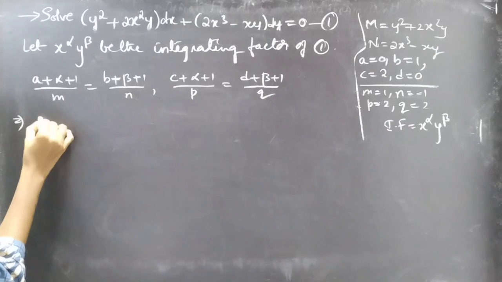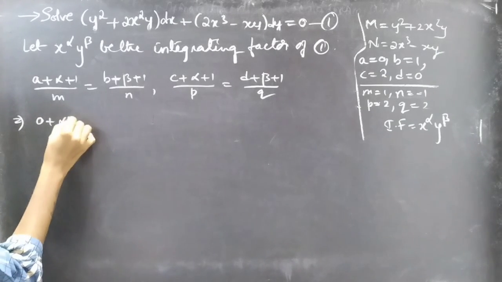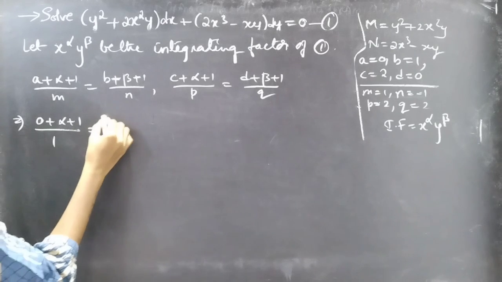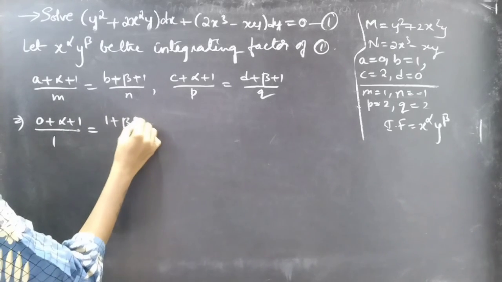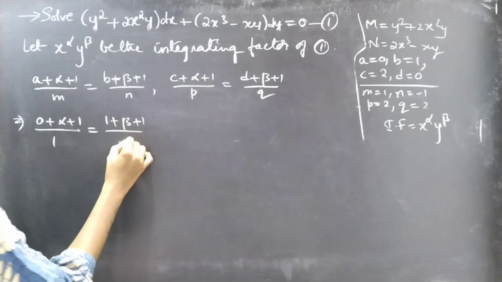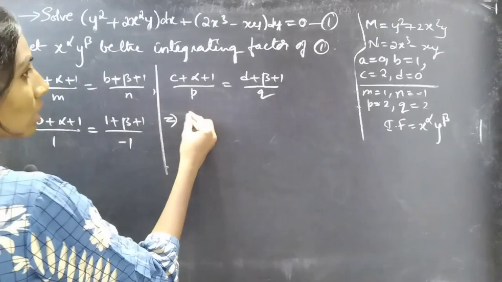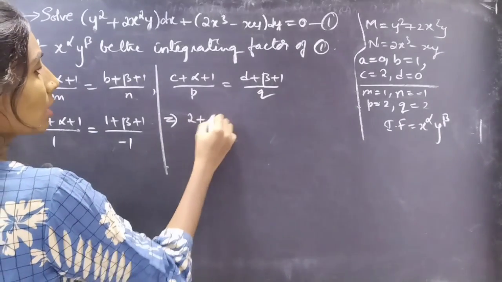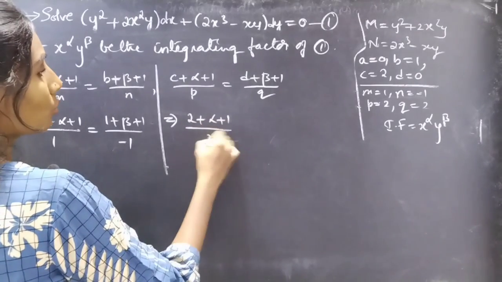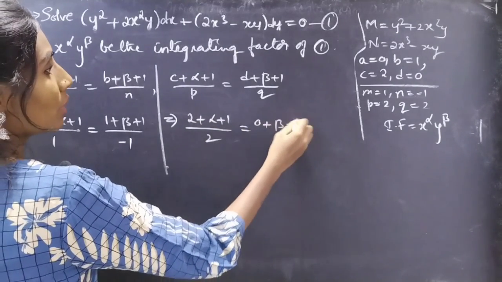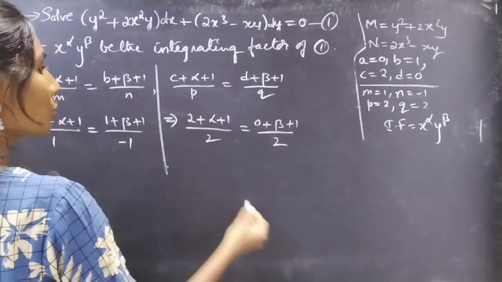We'll get a, 0, plus (alpha plus 1) by m, 1, equal to b, 1, plus (beta plus 1) by n, minus 1. And c, 2, plus (alpha plus 1) by p, 2, equal to d, 0, plus (beta plus 1) by q, 2.